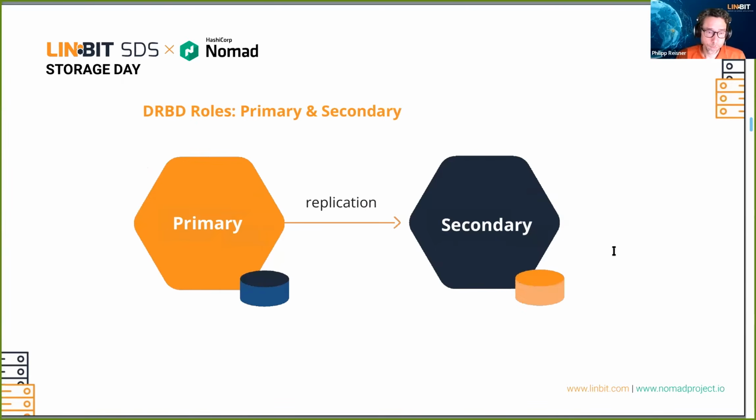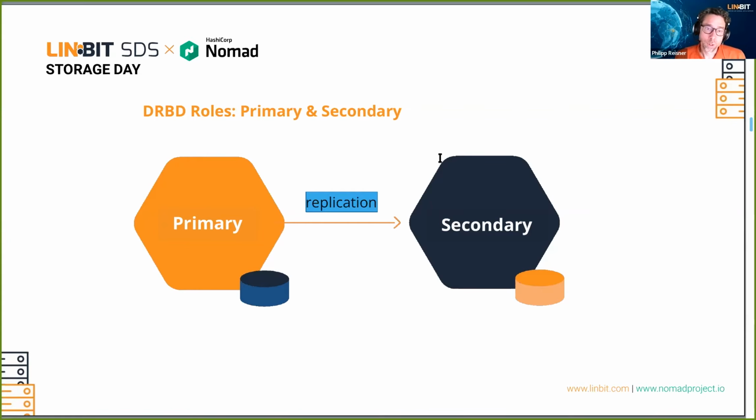And the DRBD driver unifies all that and gives you a block device on Linux. This block device can be in primary or secondary role, and it promotes into primary role the moment you access it. So the moment the file system is mounted on it, it becomes primary, and that determines the direction of replication.